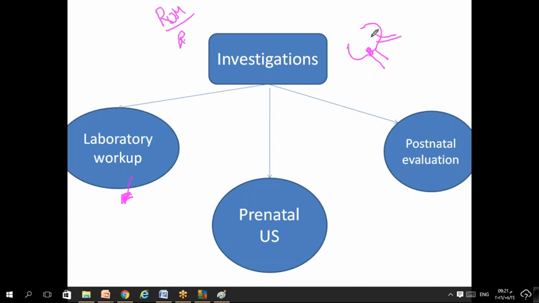We can insert a pigtail catheter between the urinary bladder and the amniotic fluid, which is called a vesicoamniotic shunt, and this decreases the complications of this condition in many cases, but it needs an expert.